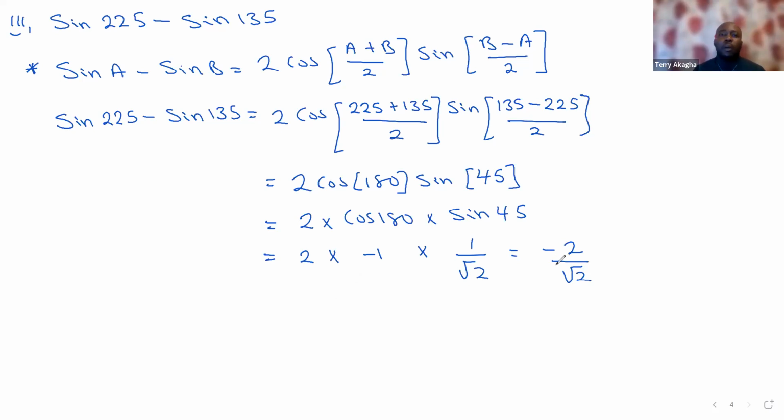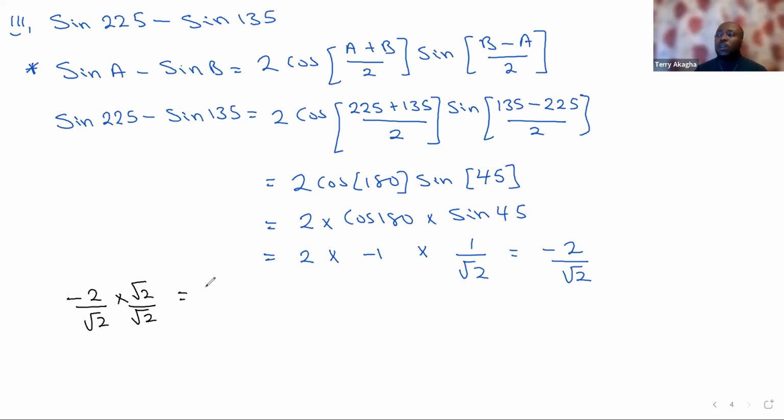Now, in the previous video about surds, I told you can't leave your answer in surd form like this. So you have to simplify this further. You have to rationalize the denominator. So we're going to have minus 2 over root 2 multiplied by root 2 over root 2, okay? If you don't know how to rationalize surds, you have to go back and watch my previous videos on surds, the 10 rules of surds, and rules of indices as well.